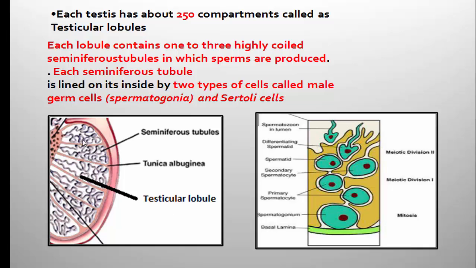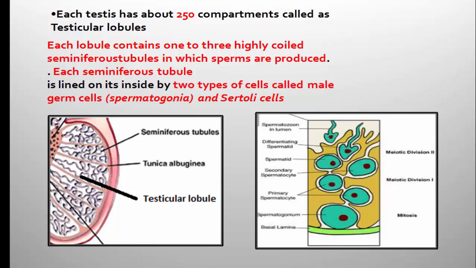Inside that compartment you can see the coiled structure, and this is called seminiferous tubules. So first the testis is divided into small compartments. Each compartment is called a testicular lobule, and inside the testicular lobule the coiled structures called seminiferous tubules are present.